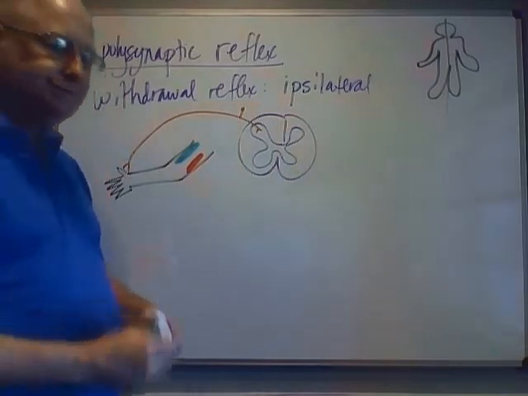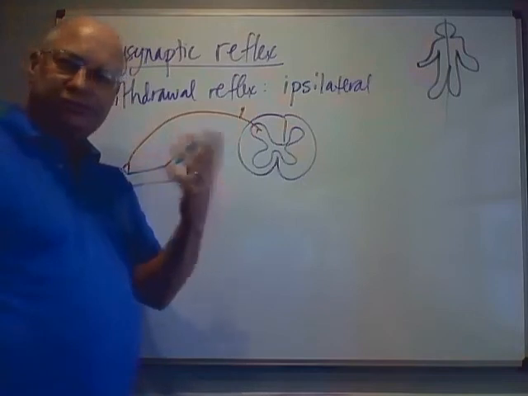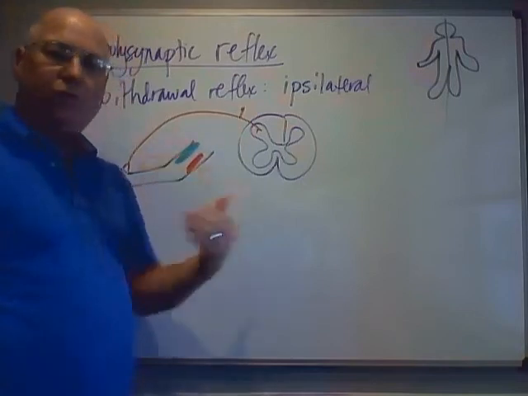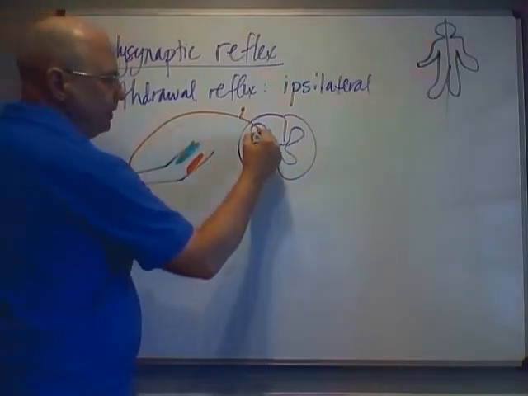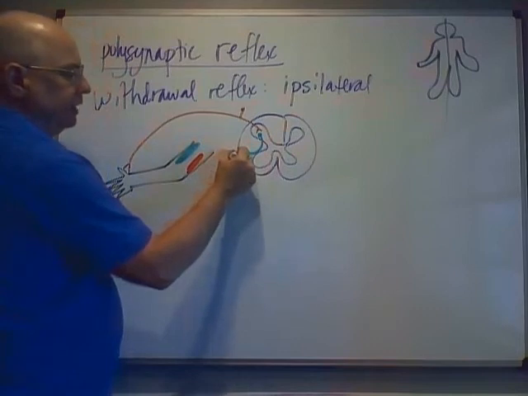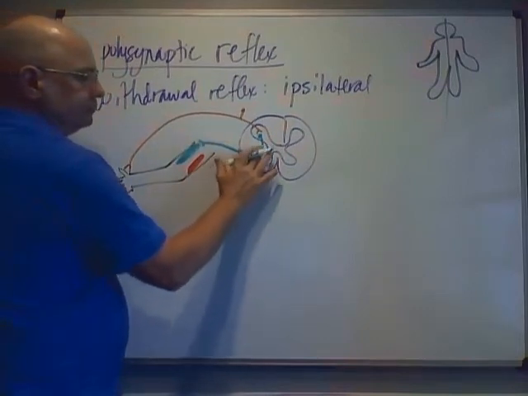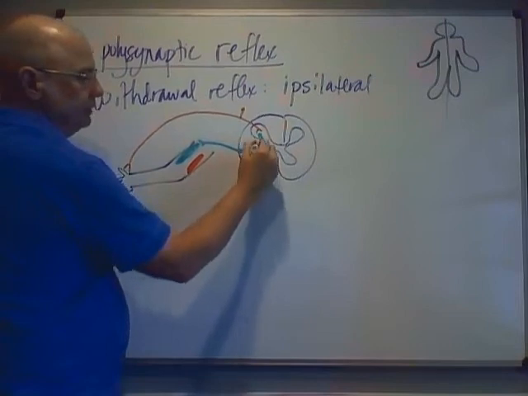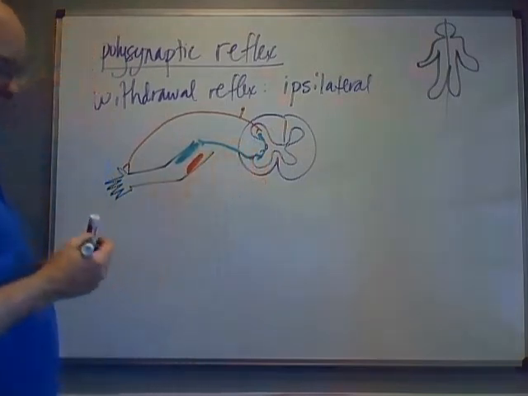Interneurons are neurons that are in between two others, inter meaning between, and they're always in the CNS. And there'll be two interneurons that fire. One's going to fire here, and then I'm going to have a motor neuron that would come out through the anterior gray horn, since these are somatic motor, but it's going to come out this way.